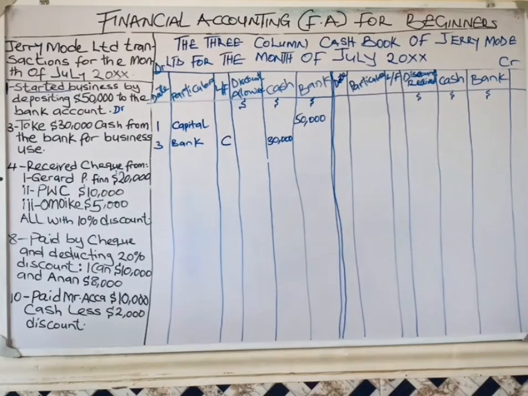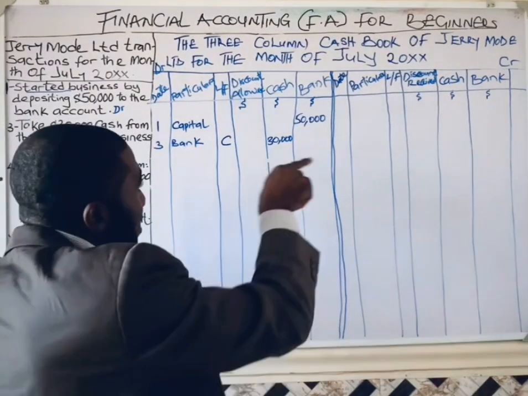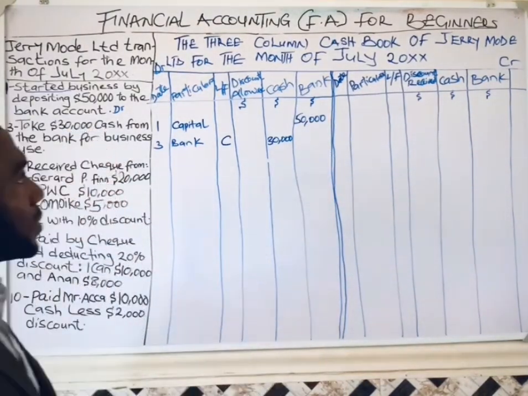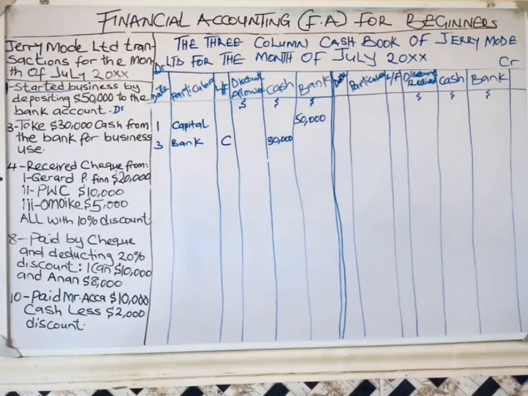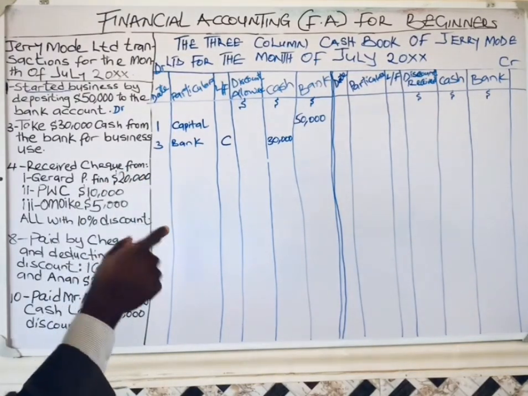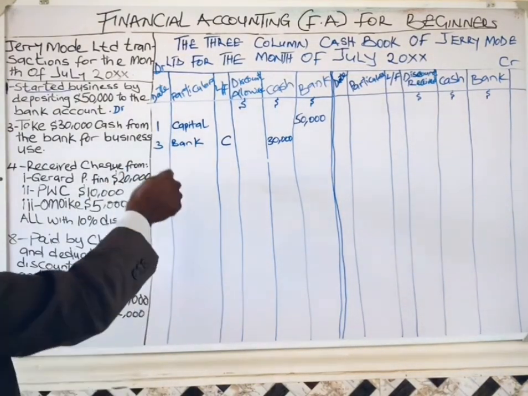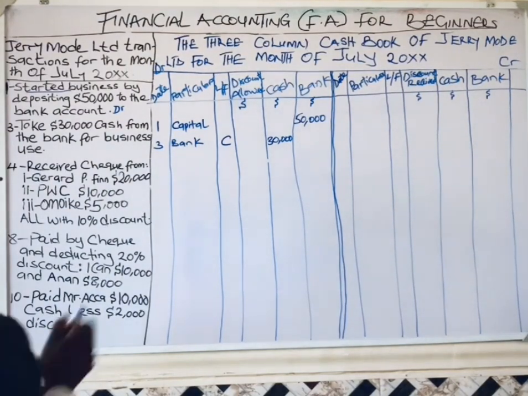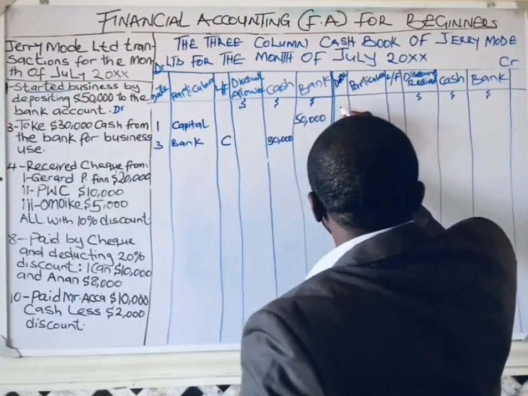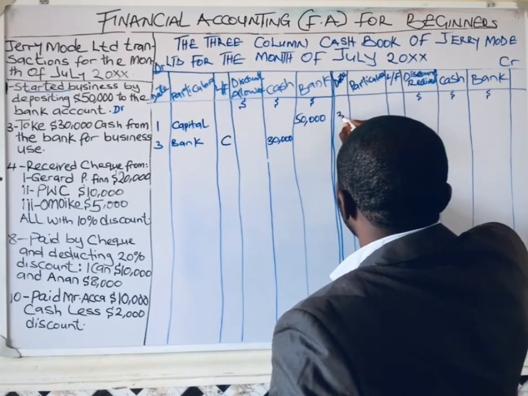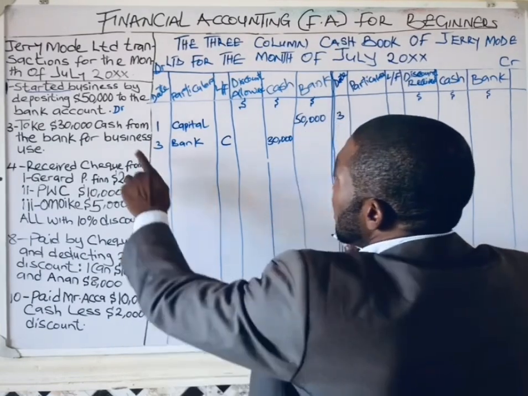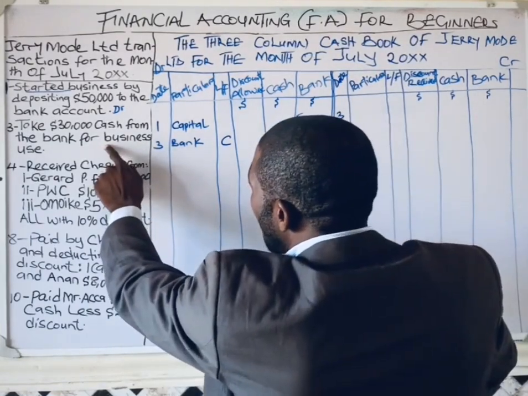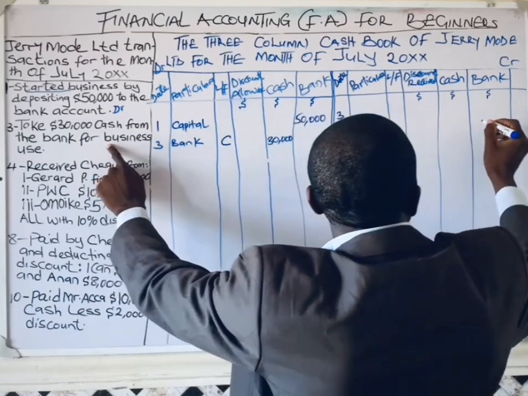Now, since it is a contra transaction, you contra entry it. Very simple. So you go to the other side of the account because it is from your bank account that we took the cash to our cash account. So now, on the 3rd of July, cash moved from our bank account.